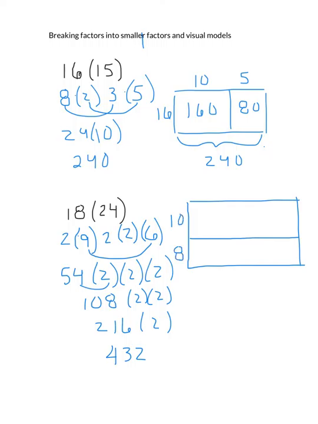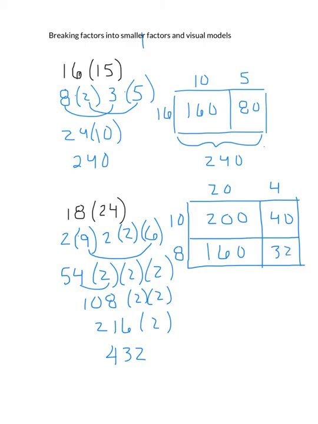And I'm going to break 24 up into 20 and 4. So we know 20 tens is what? 200. We know 8 20s is 160. We know 10 fours is 40. We know 8 fours is 32.